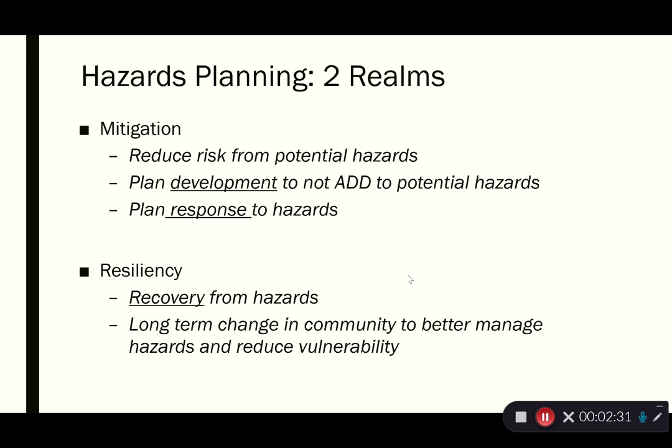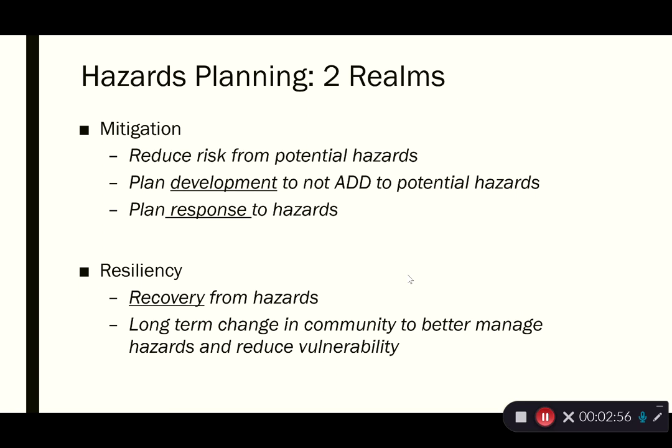You want to plan development to not add to potential hazards, so think about things like floodplain regulations, so you're not building in floodplains, stormwater management policies so that new development doesn't increase stormwater runoff and flooding downstream. Things like that are the policies you put in place to not add to potential hazards. And you want to certainly have a response to hazards.